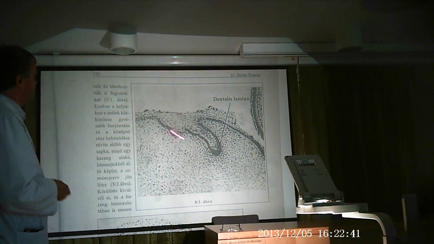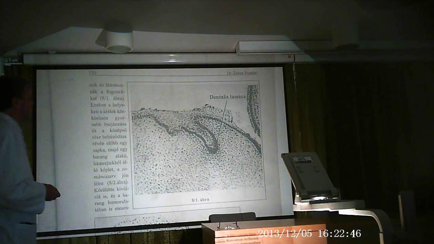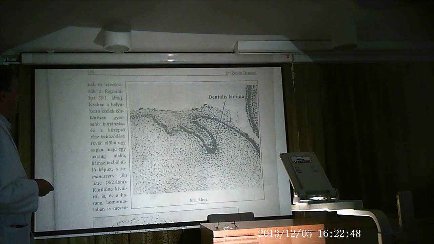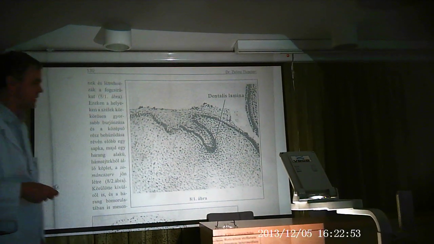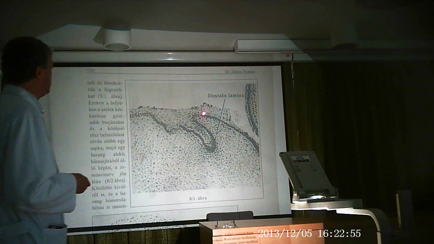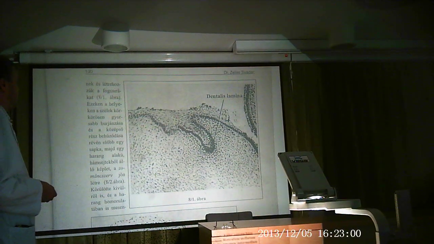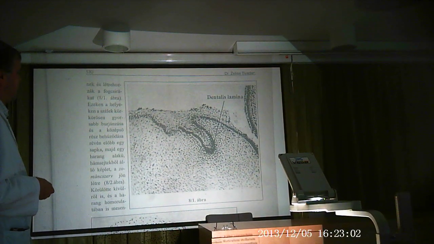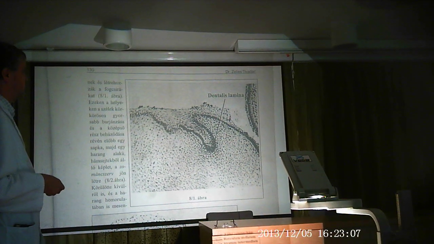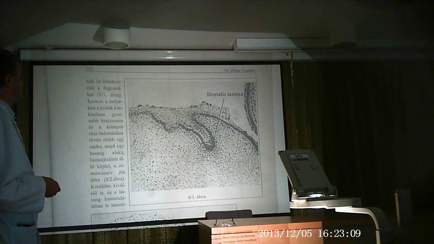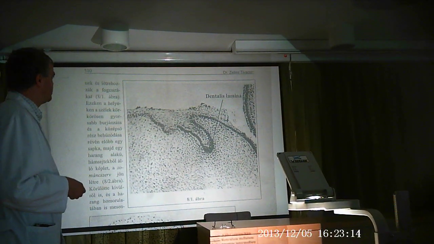You remember that the oral epithelium is growing into the mesenchyme, and there will be an upper and lower dental lamina, and there is a vestibular lamina and dental lamina, and the dental lamina is bent at 45 degrees to the surface, and the teeth develop from the dental lamina.